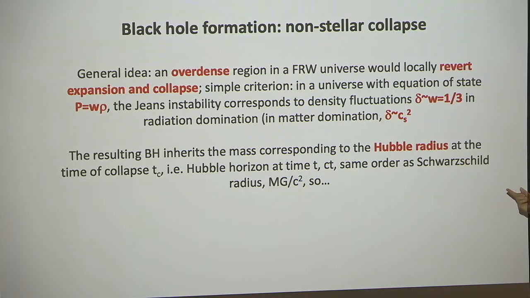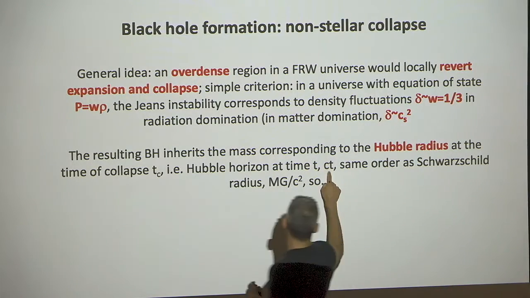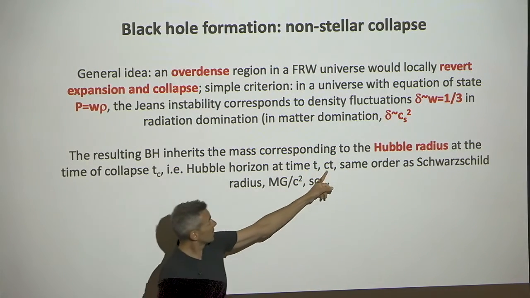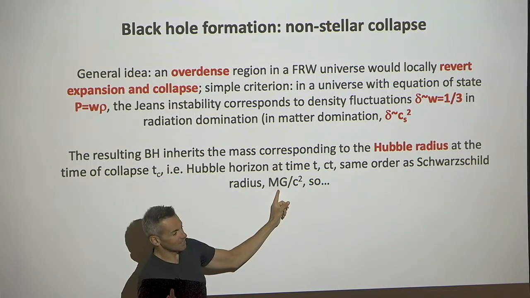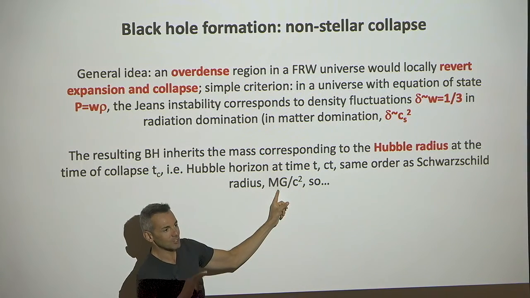So what is that mass? Well, that mass will equate the horizon size, ct, when that is of the same size as the Schwarzschild radius of the black hole that you form, right? So I don't even have to worry about what the density is.